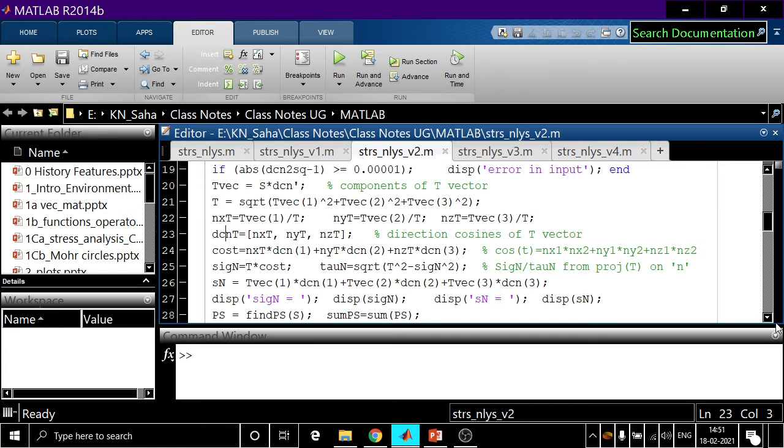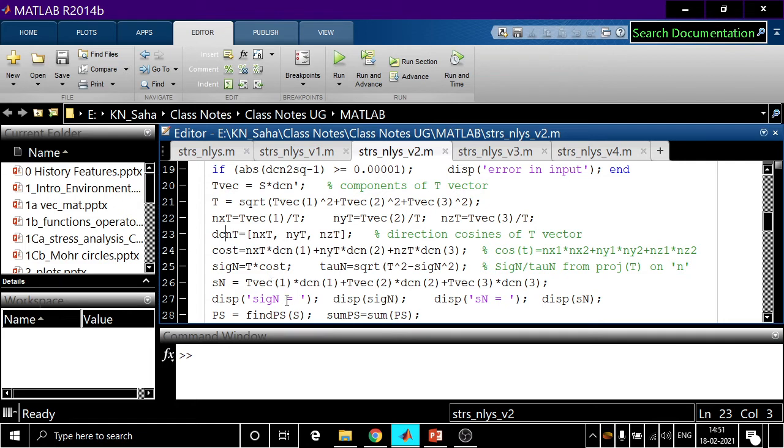Now there was another equation for that. If we take the component of t vector, okay, along the outer normal direction, this is the first component of t vector tx, and this is nx. So that is also we have seen. So this Sn stands for, again the same thing, this sigma n, but calculated from another method, that means from the components of T vector.